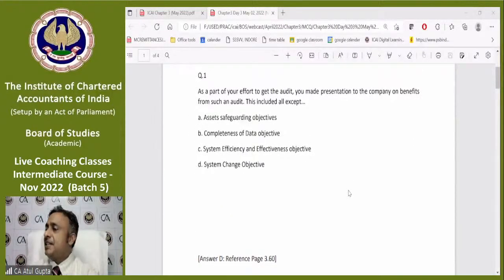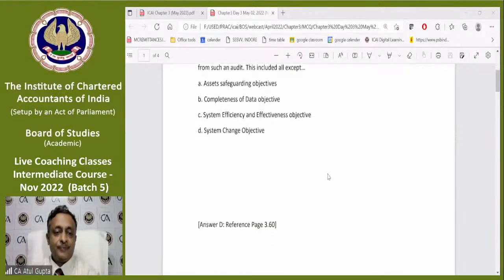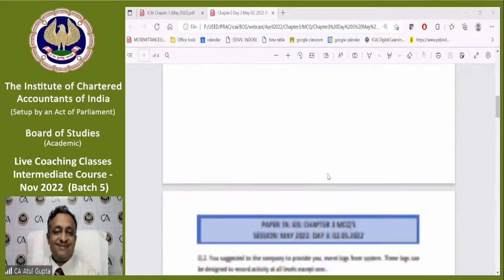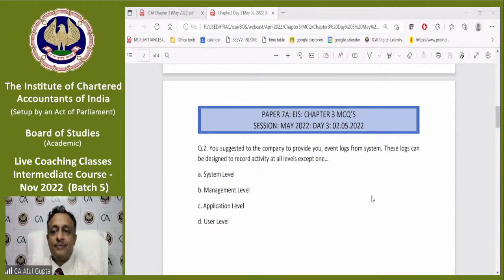D, system change objective. Great. Khushia, Sahu, and Hiral have both answered correctly. Let us go to the next question. Now you're answering question second. So give the question number and then the answer so that there is no confusion. I might be going slightly fast, not waiting for your answers, because we are already up on time.